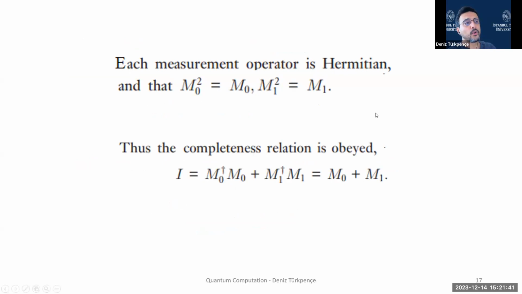And they should obey the completeness relation. If your dimension is 2, you should have 2 measurement operators, okay? And if you add these measurement operators by this multiplication rule, you should have the identity operator. These are 2 important properties for these measurement operators, or simply projection operators.